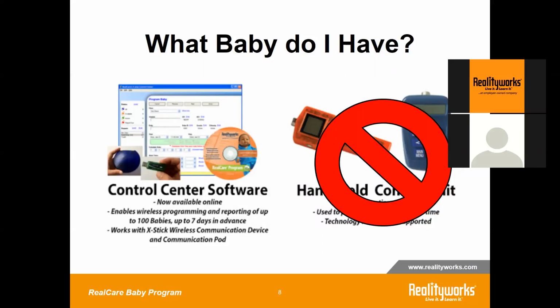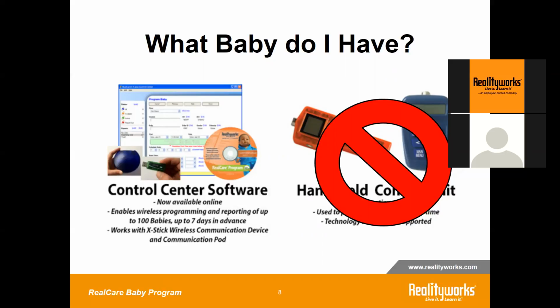What you want to have in your program is the control center software. You may have a disk to download the software, or now it's actually even available online for you to download for free. With this software, you can program up to 100 babies at once, up to 7 days in advance.